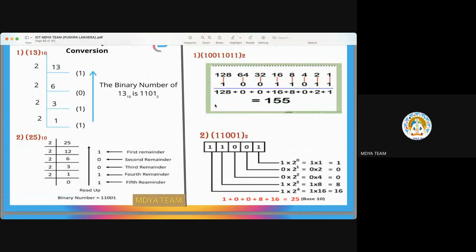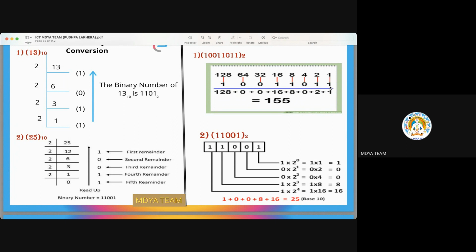Now the opposite, how to convert binary to decimal. Binary to decimal conversion is again not very complicated. You have to write your numbers like this, 10011011011. Now what you have to do, starting from this least significant bit, 1.